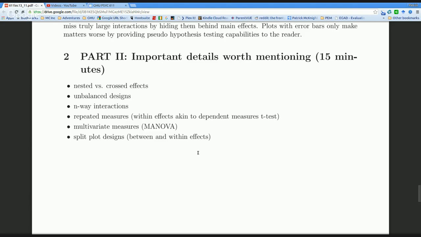So as we get more complicated factorial designs, we have to pay attention to the fact that each one of our interactions that gets more complicated is really a test that's been fully residualized from all of the effects that preceded it. This is an important point when you're trying to interpret those interactions. Okay, just as I showed you with a two-way interaction, it's way more complicated than just plotting the raw means.